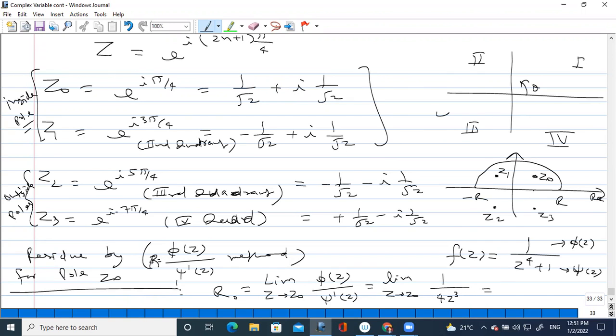In that you put z0, so that will become 1 upon 4 z0 cube. Now put the value of z0. Z0 value is 1 by root 2 plus i 1 by root 2, or you can use this value, that will be better, e to the power i pi by 4.